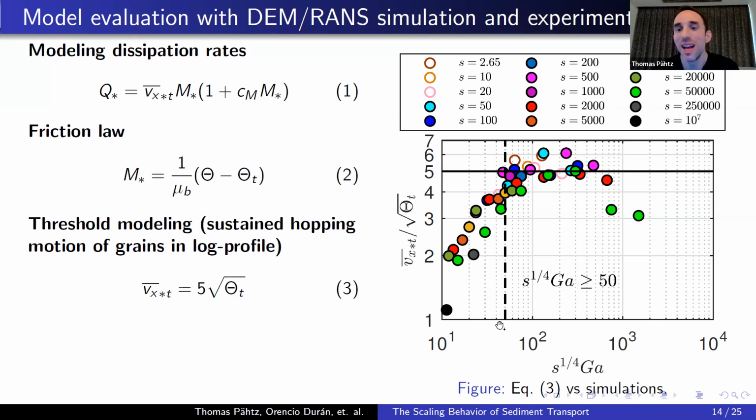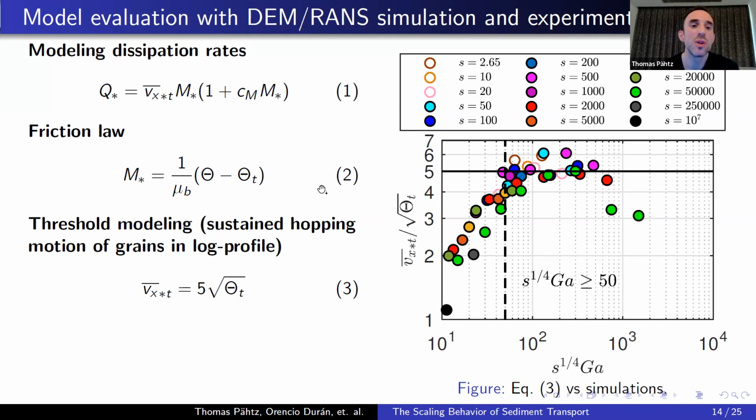And we can see, as long as this dimensionless number here is sufficiently large, this is actually a good approximation of the data. And this dimensionless number means that the particles are actually really moving in a log layer, because in order to derive this equation, we needed to assume a log layer. And left from this would be viscous sublayer influence.